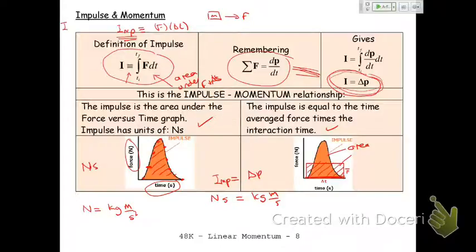So there's my newton, and my newton seconds is equal to a kilogram meter per second squared times a second, which equals kilogram meters per second, which is mass times velocity, which is momentum. So these guys are the same. They're just different units. They look like they're written as different units, but they're dimensionally the same.